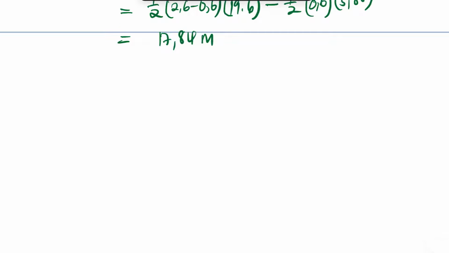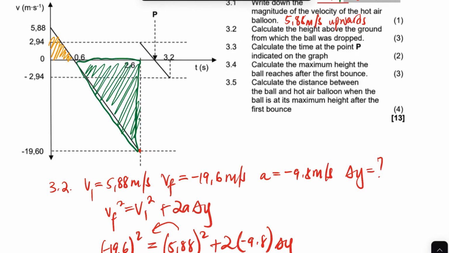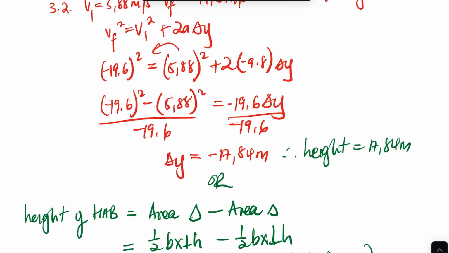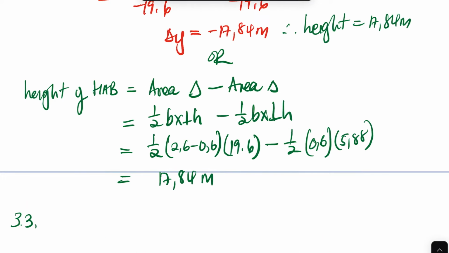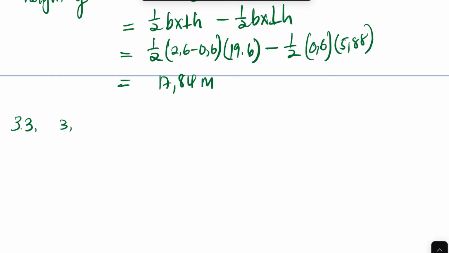So this is 3.3, I guess. 3.3, yeah. The time P. So what is it in the graph? I'll say 3.2 minus 2.6. Since it's in the middle, guys, I'll divide by 2. So it will give me the difference at the midpoint of those.